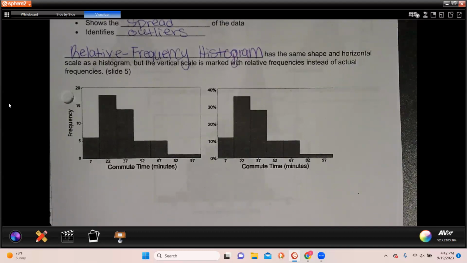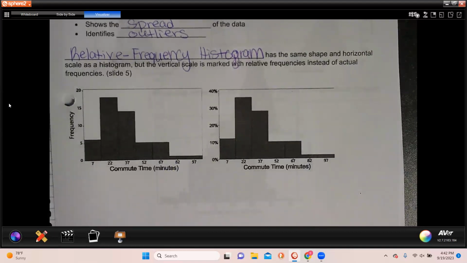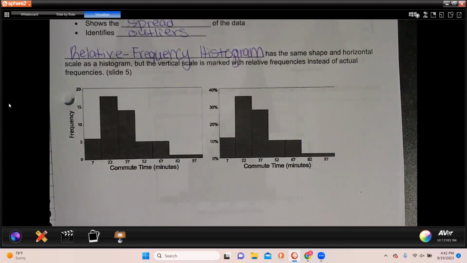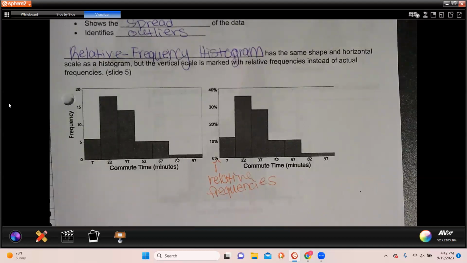The vertical scale is marked with relative frequencies instead of actual frequencies, but they should still look identical. So I should still be able to find the center and the spread. These are percents, so these are relative frequencies. This side has counts, 0, 1, 2, 3, 4, 5, and so on, so therefore it is the frequencies themselves.